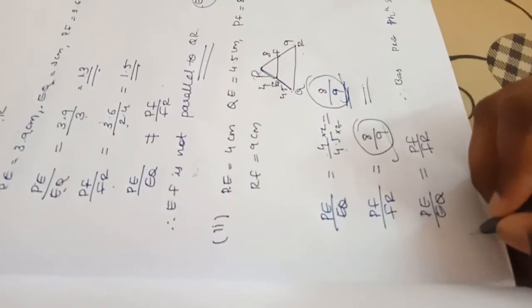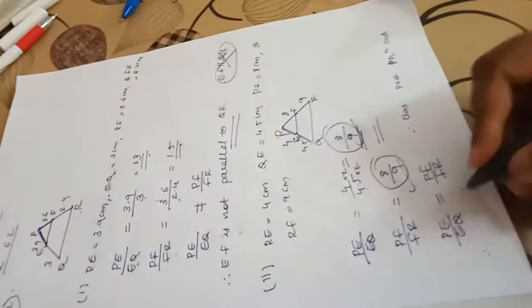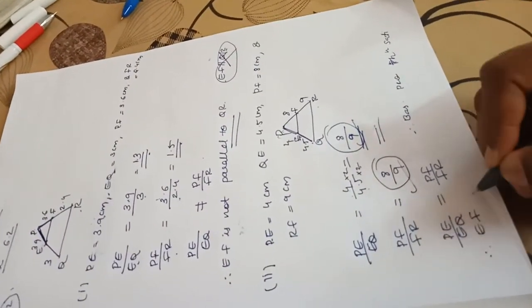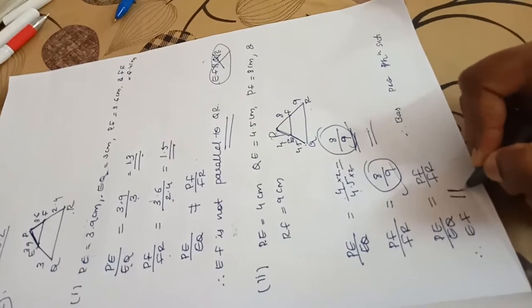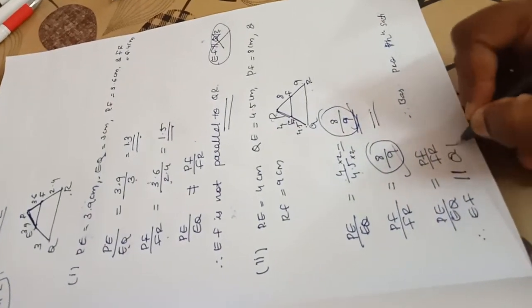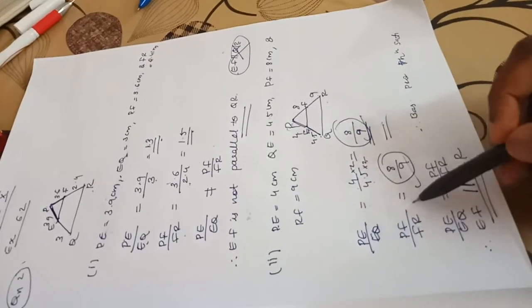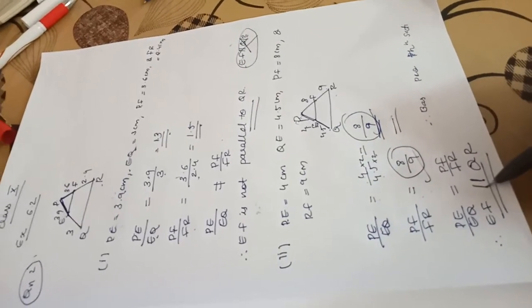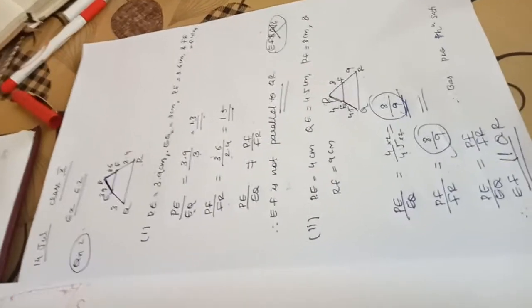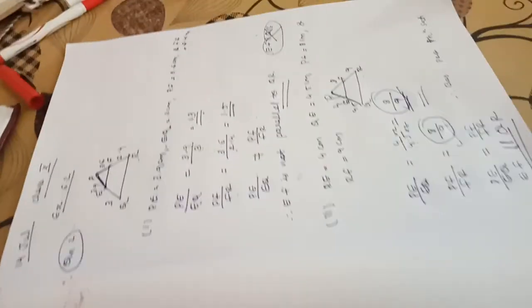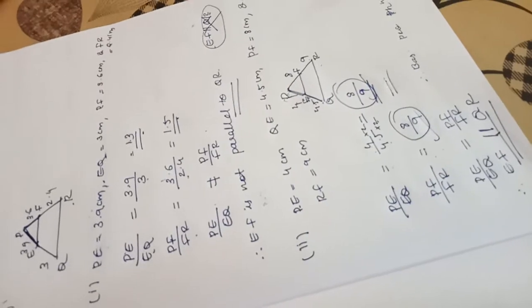If the basic proportional theorem is satisfied, then we can write, therefore, the side EF is parallel to QR. In the second case both answers are the same, so we can write these two lines are parallel. In the first case both answers are not the same, so we cannot write these two are parallel, so this is not parallel.